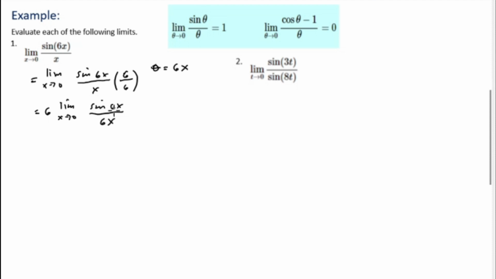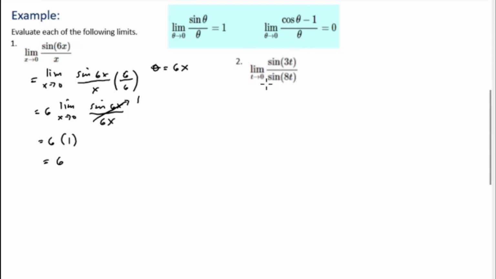This is sine theta over theta, and we equate that to 1, or 6 times 1. And the value for the limit of sine 6x over x is 6. So that's number 1.